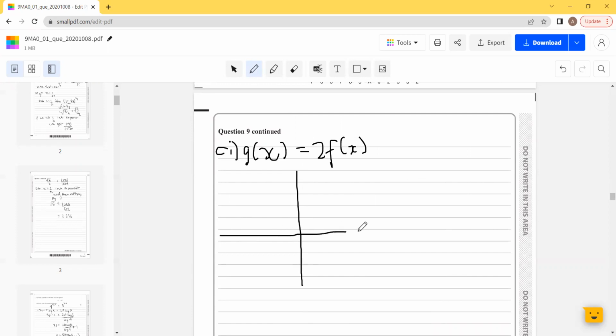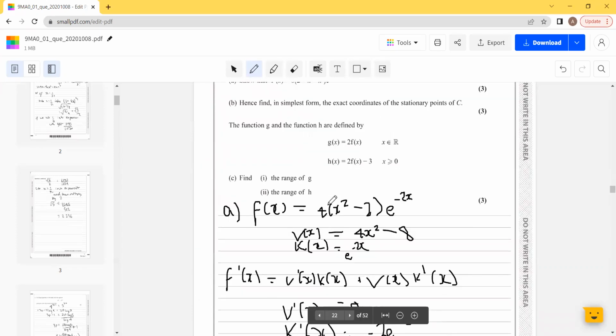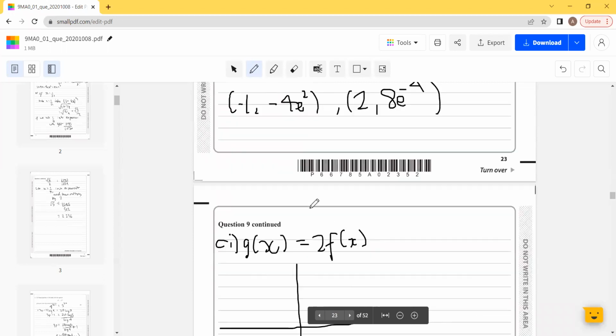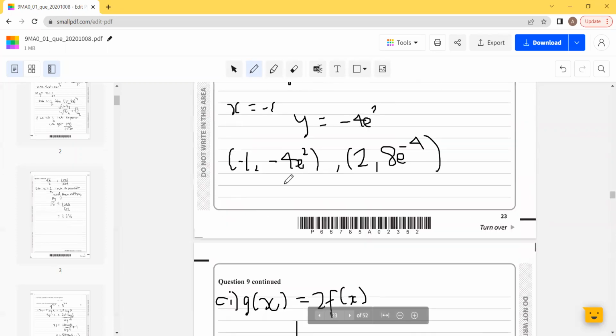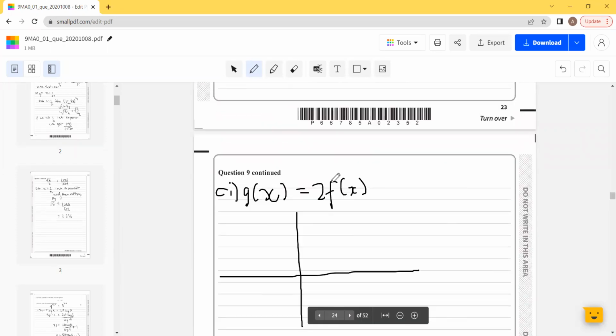So we had the coordinate axes, and we had something looking like this. Also notice that since we're doing 2 times f of x, the y coordinates will also be multiplied by 2. So this will look something like this.